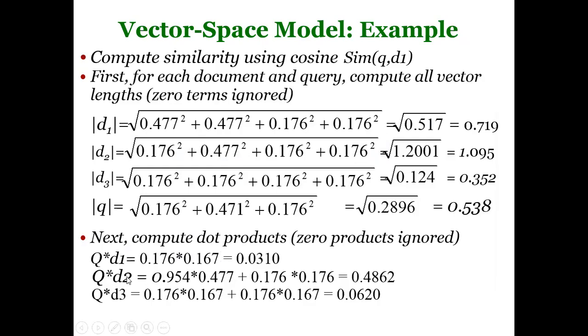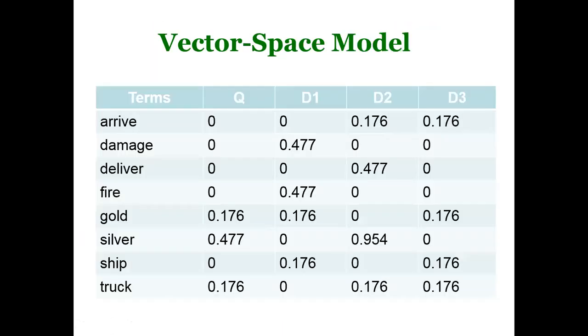What about Q against D2? We have two terms that are available in the query and in the document D2. Silver is available in our query and also in D2. Truck is also available in the query and also in D2. Others are in either of the points, either Q is 0 or D2 is 0.